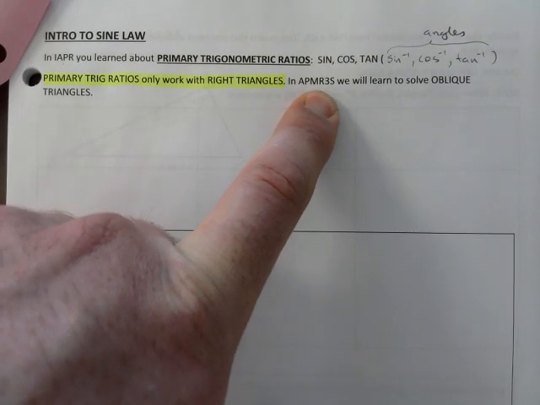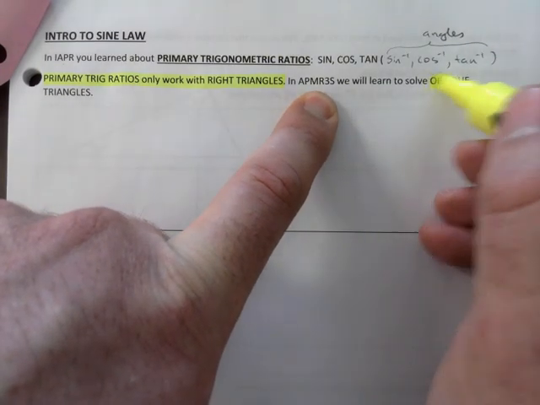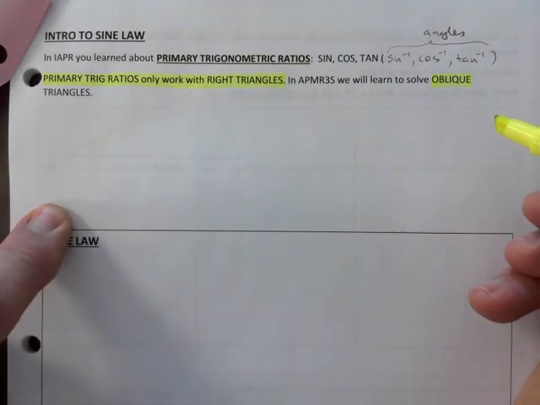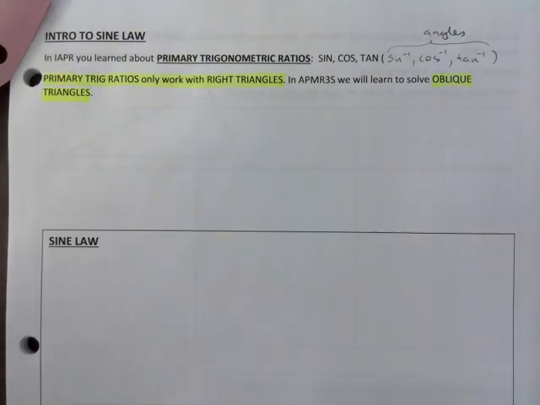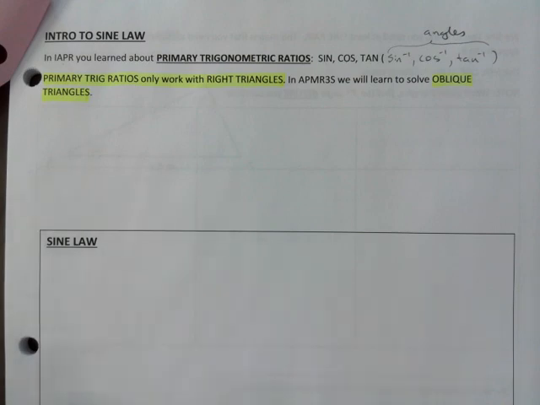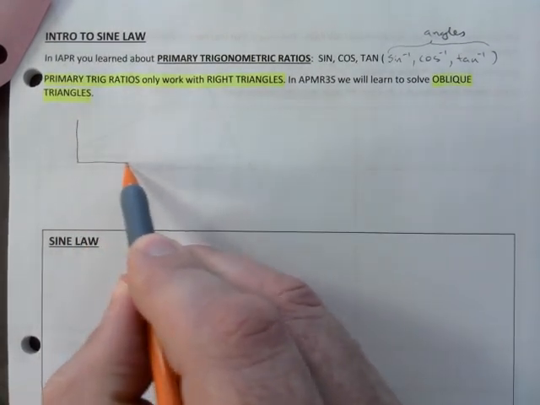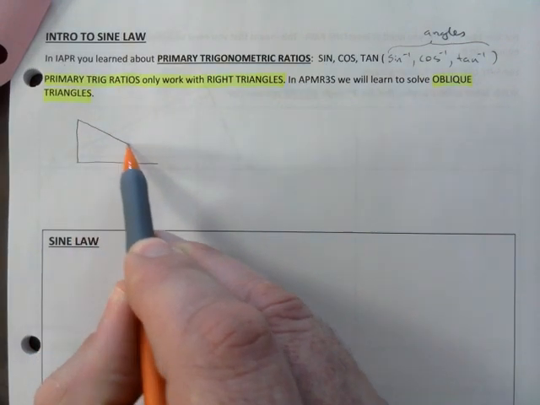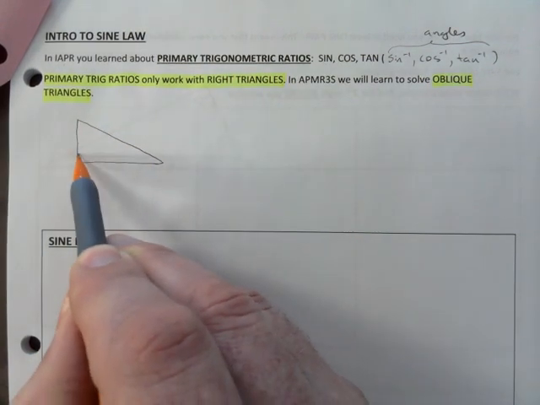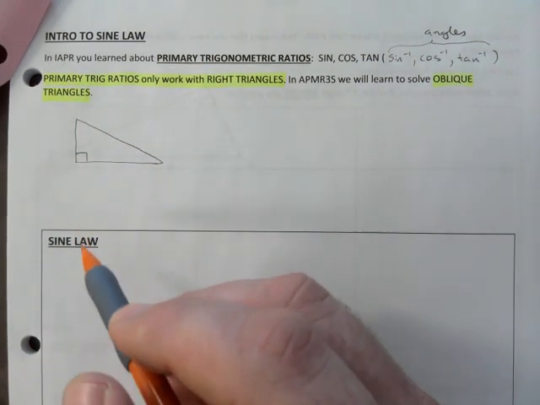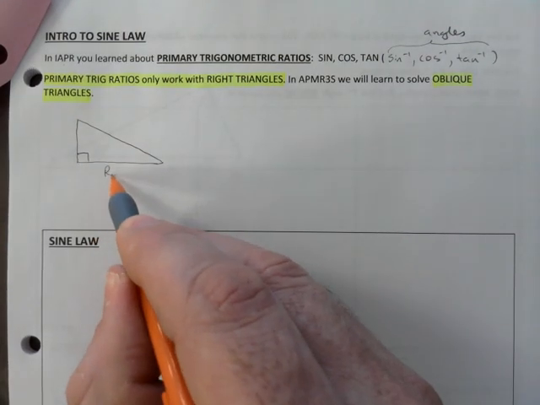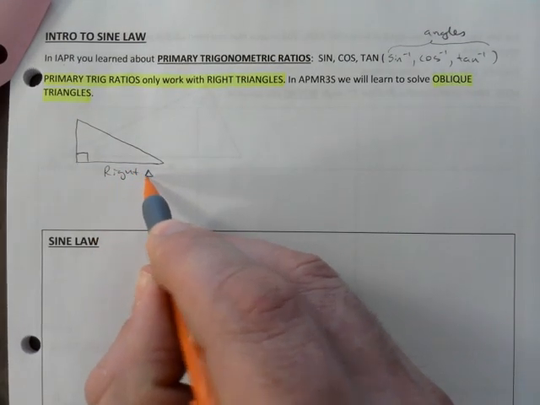In grade 11 applied, we will learn how to solve oblique triangles. So I don't want you to think SOHCAHTOA no longer works. It still works, but most of our scenarios are not going to be right triangles.